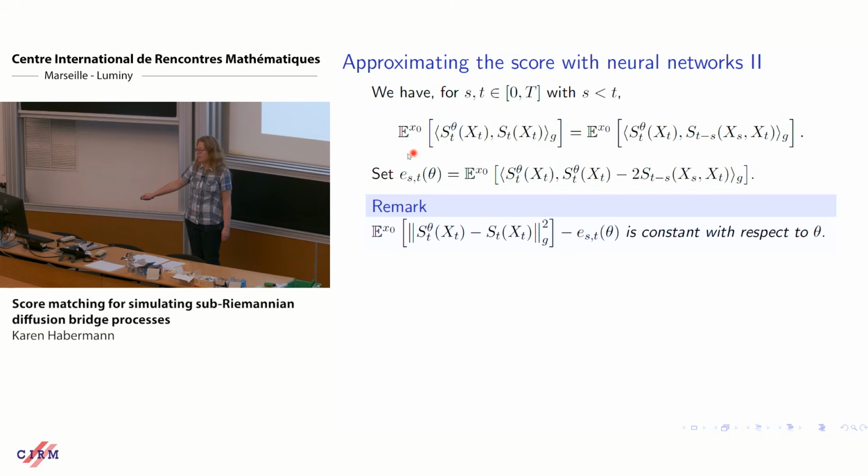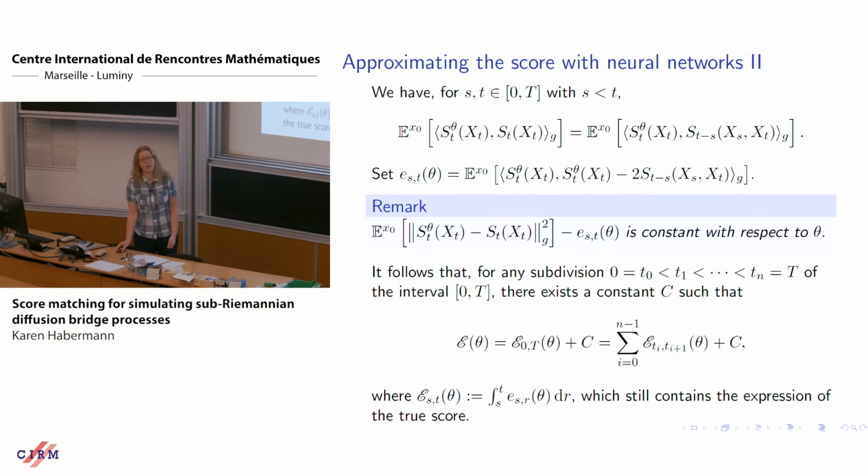Then the next dependence is killed using this identity, and then you only have the square of the true score left, but this is always there, and notably it doesn't depend on theta. So that's why if you can minimize the one thing, then it's still going to be a good minimizer for the other thing.